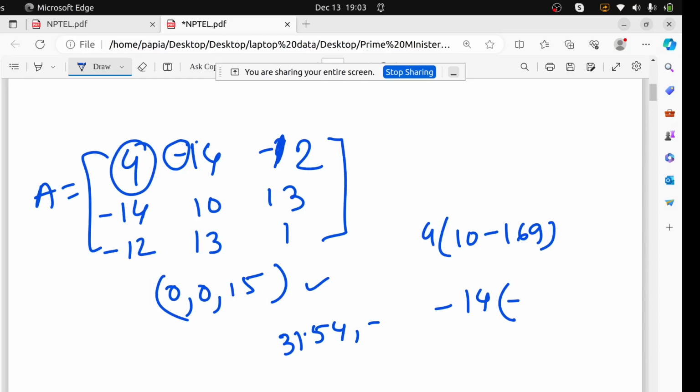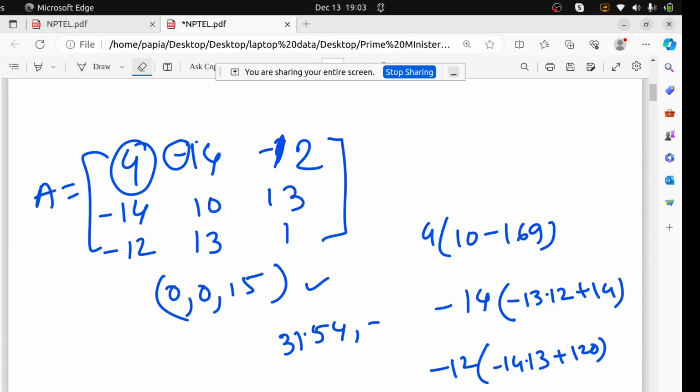Sorry, determinant. Is it not the 0 one? 13 into 12 plus 40. Then minus 14 into 30. No, it's plus 14 into, because minus into minus will become plus. No, like everyone is doing the determinant differently, but yeah, fine. The answer should be same.